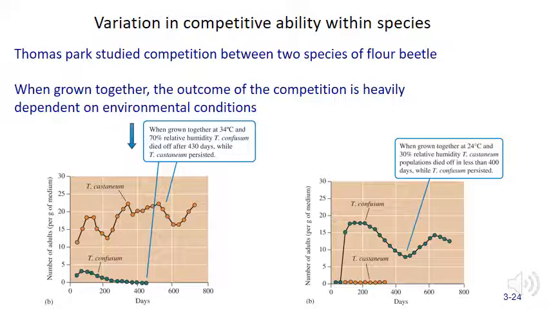So when you think about how conditions change when you do something as simple as, say, moving from the shade into the sun, if the outcome of competition changes so drastically in response to changes in conditions, then the kind of heterogeneity in conditions across the landscape should allow for the coexistence of many species.